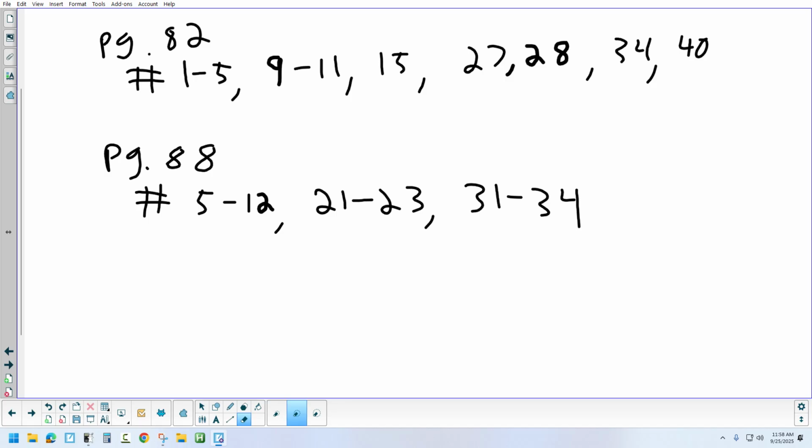On page 88, this is really 3 questions, 31 to 34. That's an interest problem, like Bill investing money. So I'll make sure I put the list of topics on the board, and I will be here after school today for extra help.